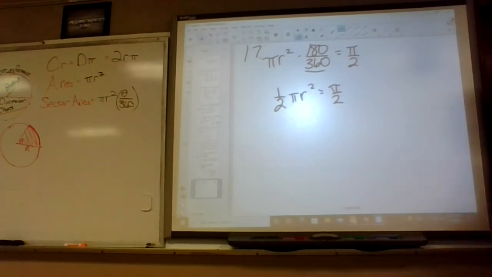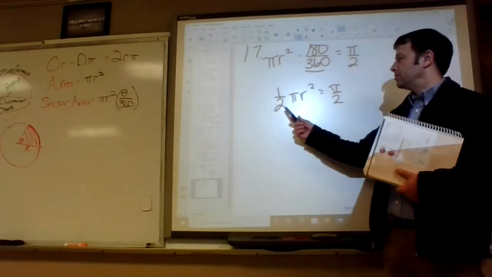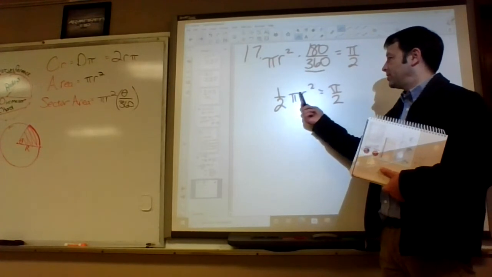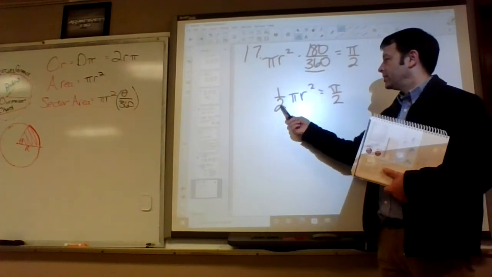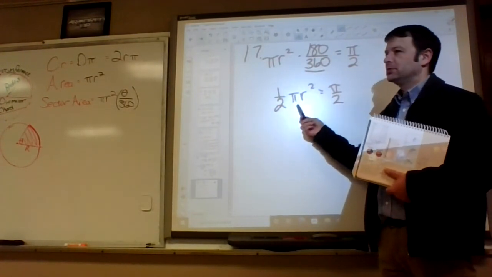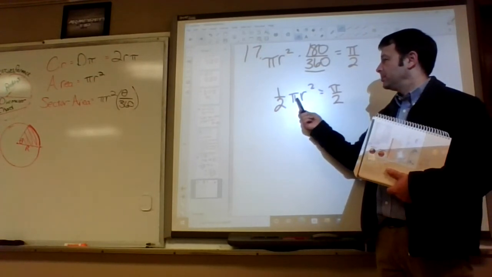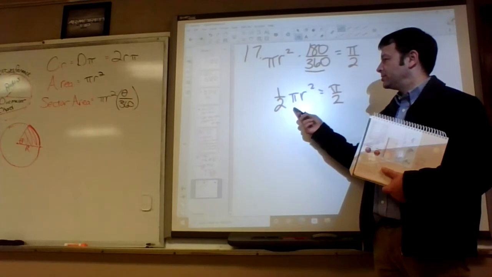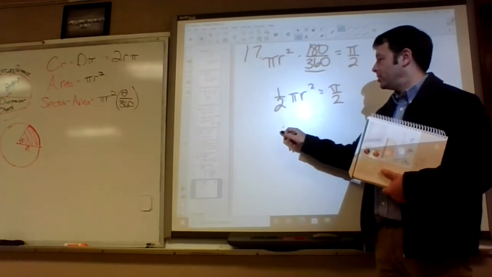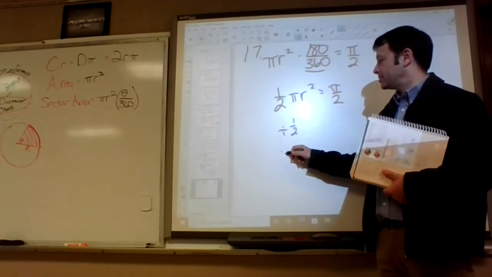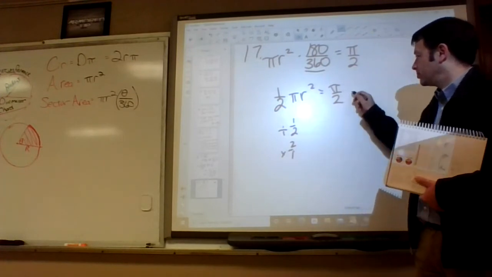Okay, how do I get rid of the 1/2 and the pi? I'm just trying to get r here. How do I get rid of these two guys? Divide. Yeah, they're both multiplied to r squared, so I need to divide them. When you divide by 1/2, that's the same thing as multiplying by 2 over 1.